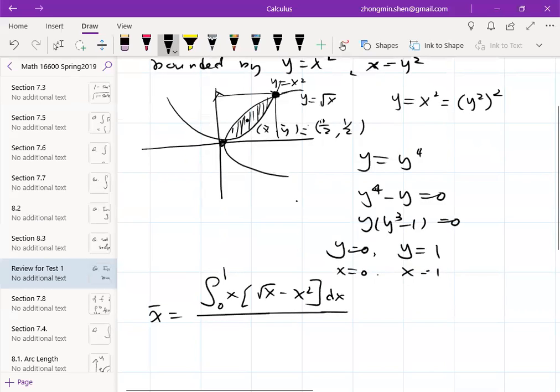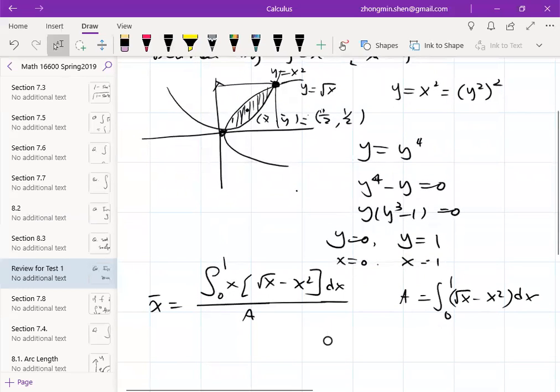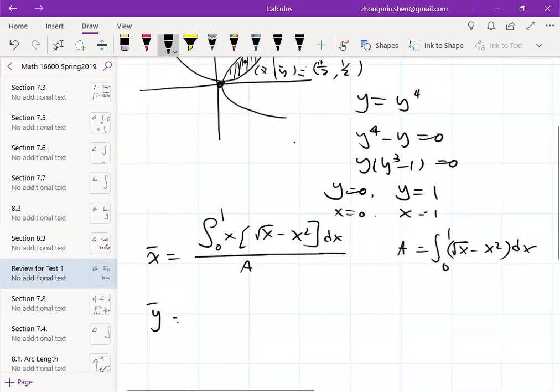This is the integral, and then here's A. What is A? A is just the integral of square root of x minus x squared dx, from 0 to 1. That's the area of that region. Area of that region is the integral of the difference of these two functions. And y bar is going to be 1 over A times the integral from 0 to 1 of one half of the square root of x squared minus x squared squared.